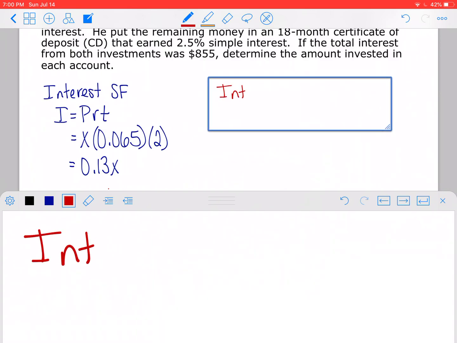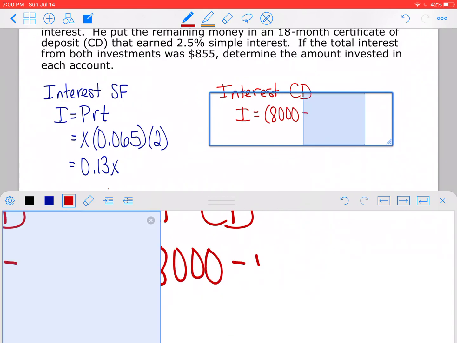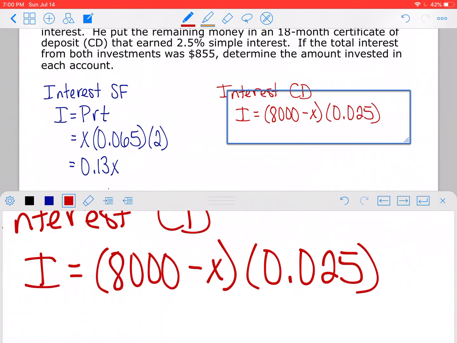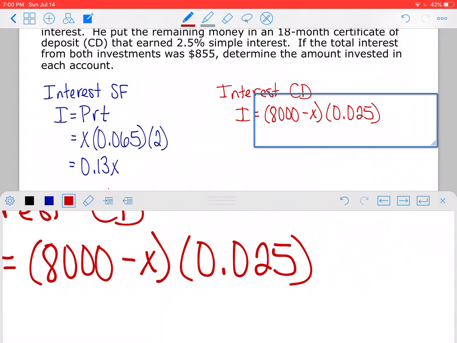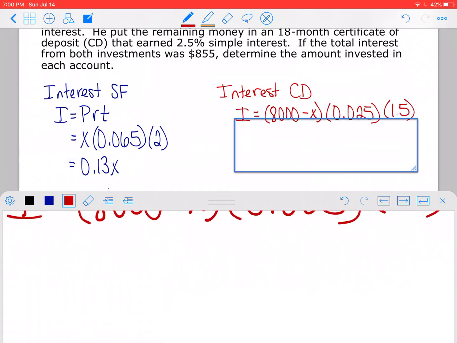Then we need to find the interest in the CD. The principal amount for the CD was 8,000 minus X. The rate was 2.5%, so that's 0.025. And the time was 18 months. That needs to be in years, so that's a year and a half or 1.5 years.